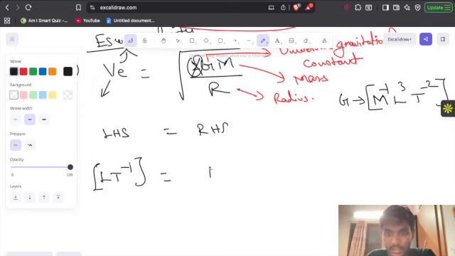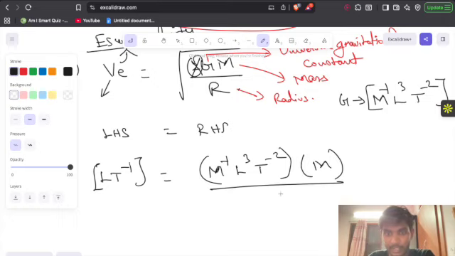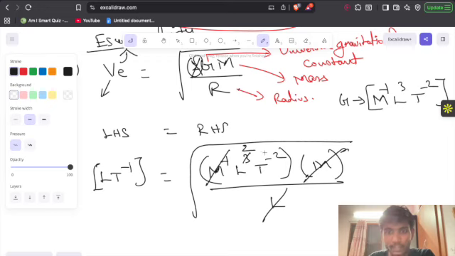So I can write G here as M inverse L cube T inverse 2, and then I have mass, and then I have radius, which is a measurement of length, so I'll put L, and I will take a whole root over this. So M will get cancelled, and L and the cube will become square.